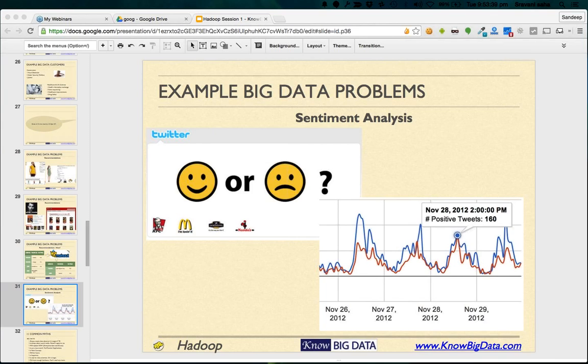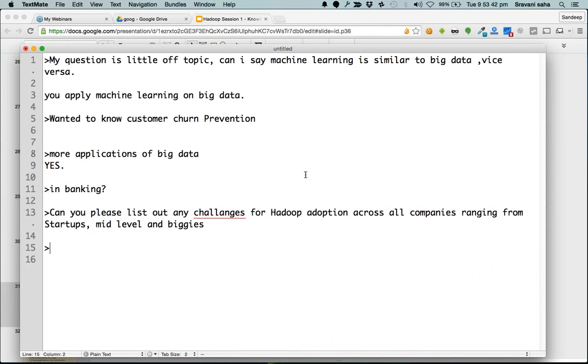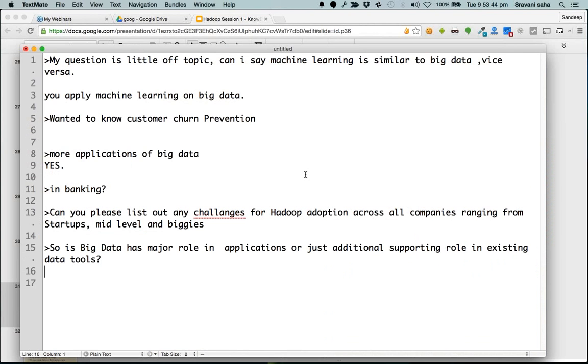All right, here are a few questions. Let me try to answer those and then we'll move ahead. There is a question from Raz: does big data have a major role in applications, or just an additional support role in existing data tools? It's both.